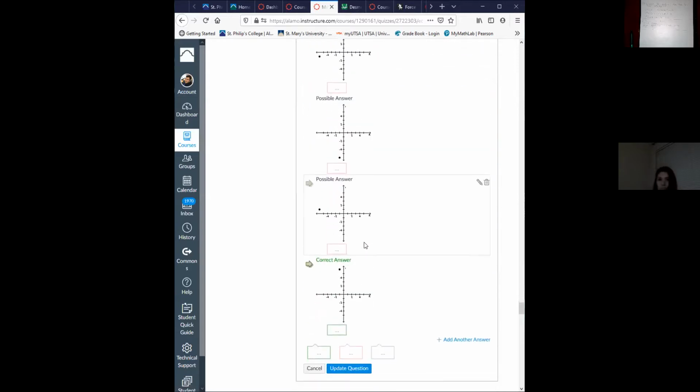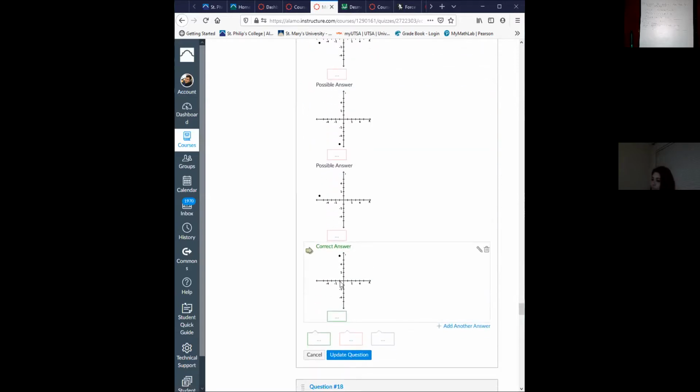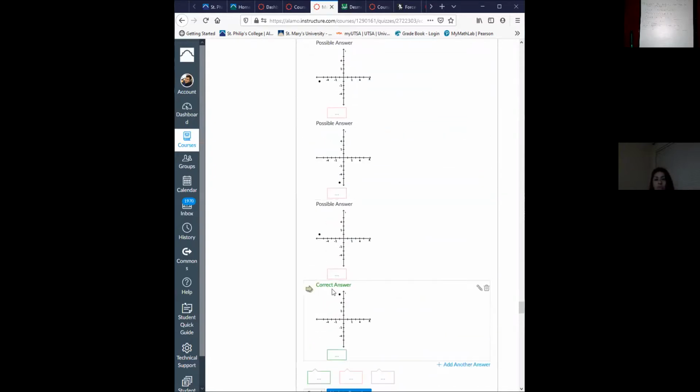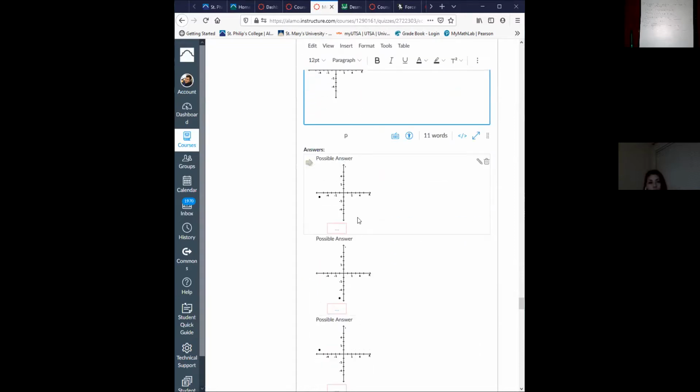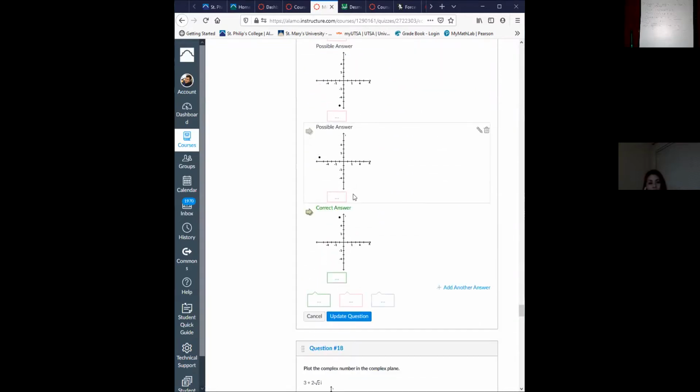So -1 is right here, and then we have 6 on the y-axis, because that's the imaginary piece. All you've got to do is pretend this is the x and the y part. So this is like saying -1, 6, and then you would plot it like normal. It's the same thing.